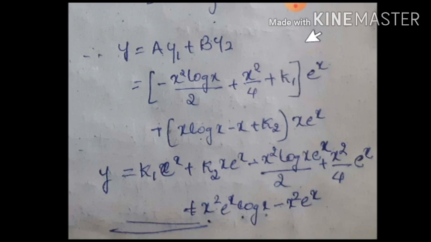First always write down the constant terms, k1 into e to the power of x, k2 into x e to the power of x, which represents the complementary function of the differential equation, and the rest of it is nothing but obtained from the particular integral. So both complementary function and particular integral together we can get using variation of parameter method. So multiply to the bracket term and written.